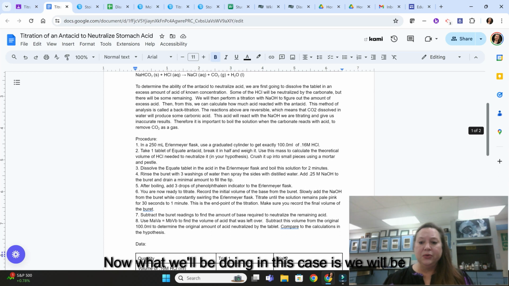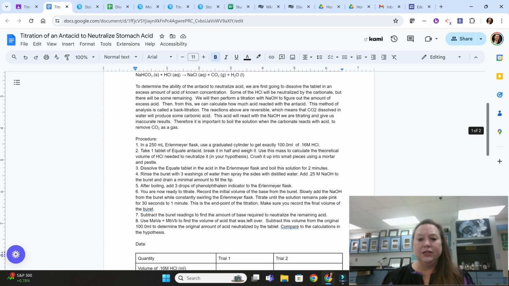Now, what we'll be doing in this case is we will be breaking a tablet in half, and we'll actually put in extra hydrochloric acid so that all of the tablet is used up, and then we will titrate the hydrochloric acid with a sodium hydroxide base to figure out exactly how much hydrochloric acid is left over in the flask.